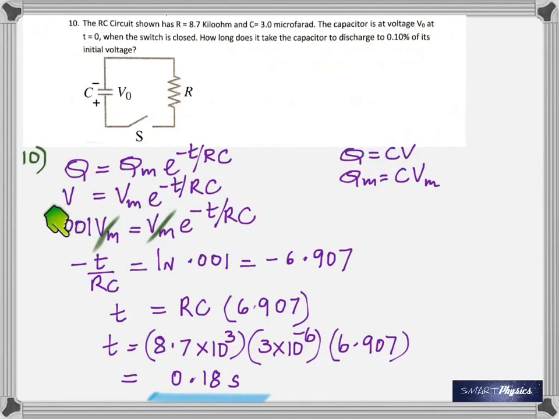And so you substitute it. It says 0.1%, which is 0.001, and then it's just solving that very carefully. Make t the subject and solve for it. You get 0.18 seconds.